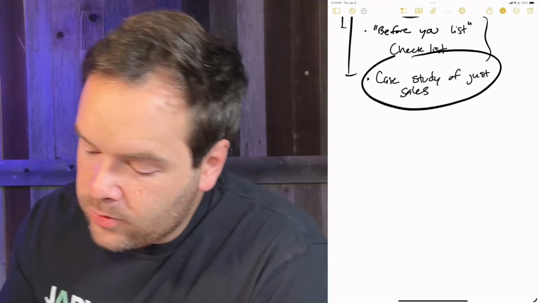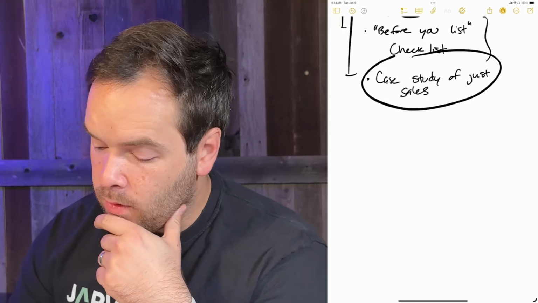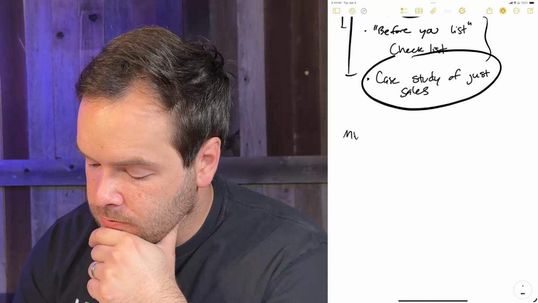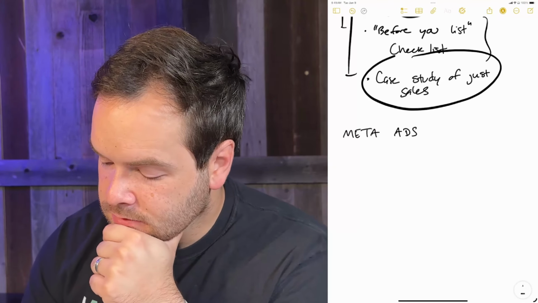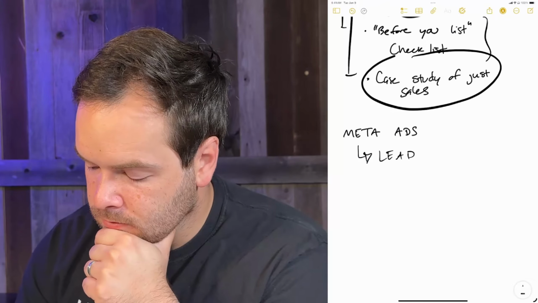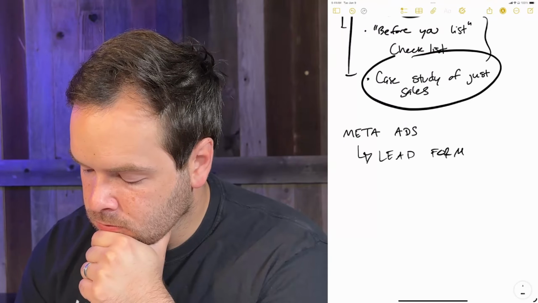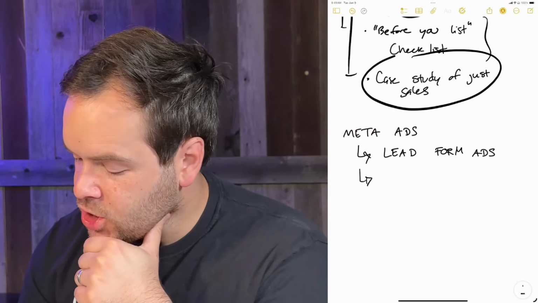So here's what I would really recommend here. I would highly recommend that we use Meta ads, which are going to be lead form ads. This can be traffic here.